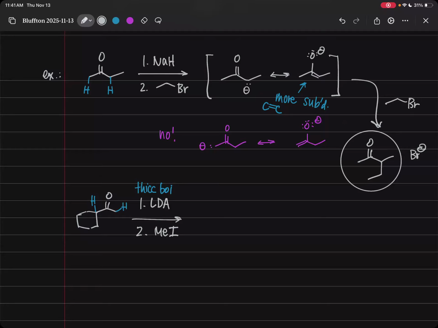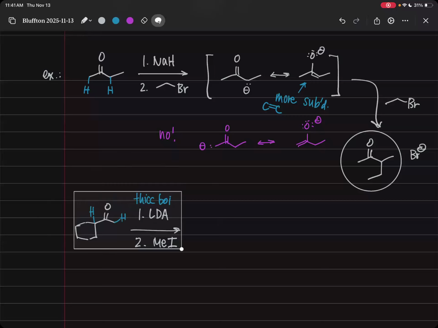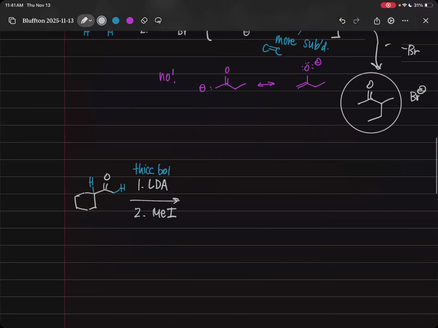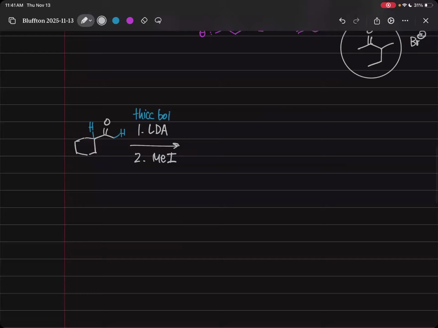Left or right? Which one is least sterically hindered? Right. Yep. So we deprotonate there. You could draw the resonance structure if you wanted, but whatever.